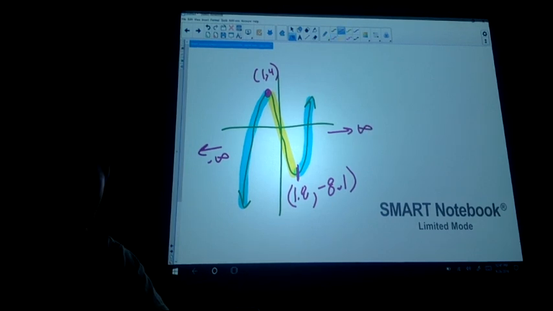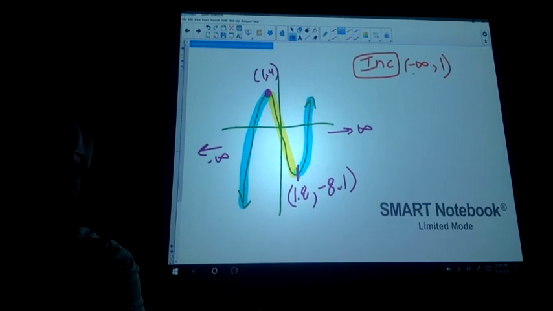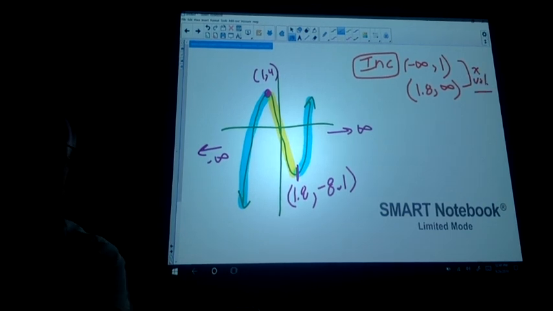All right, so where is this graph increasing? Coming from, going to, you already told me it was the blue, right? Negative infinity to what? Use the x. To negative 1. And I'd make a rounded bracket. And then where is it increasing again? There you go. And again, I'm using my x values to give you this.